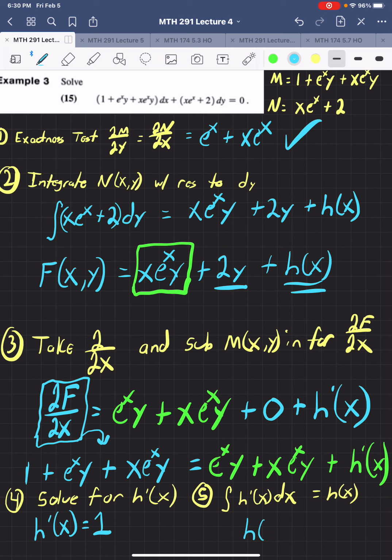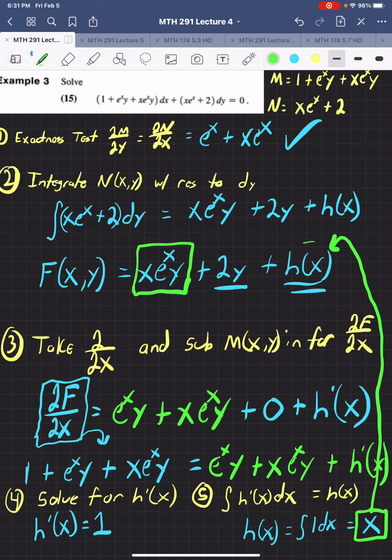All right, so h of x is equal to the integral of 1 with respect to x, which is, if you integrate 1 with respect to x, you just get x. We're done. The only thing that you need to do is make sure you drag and drop this in here, okay?